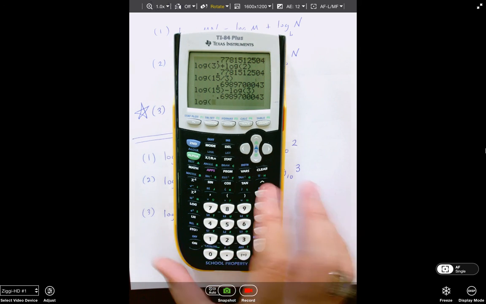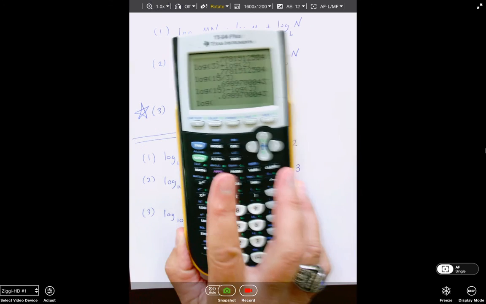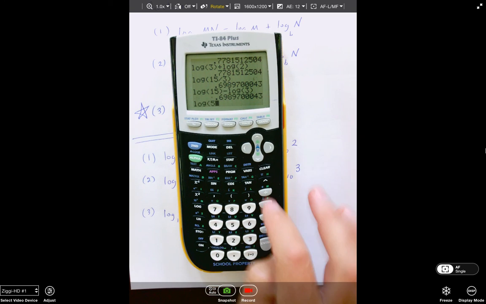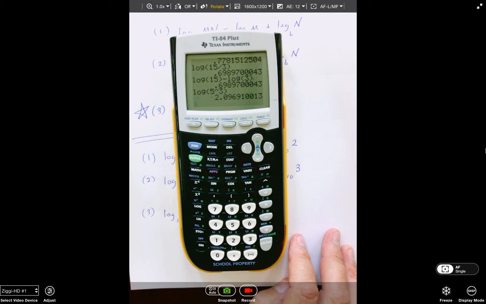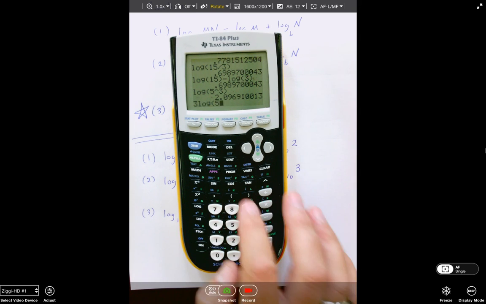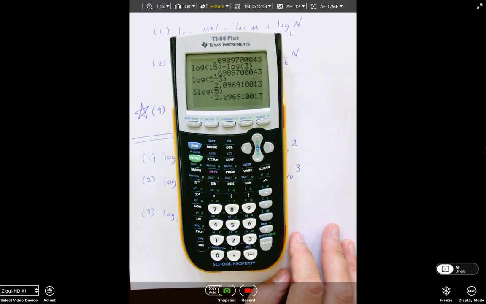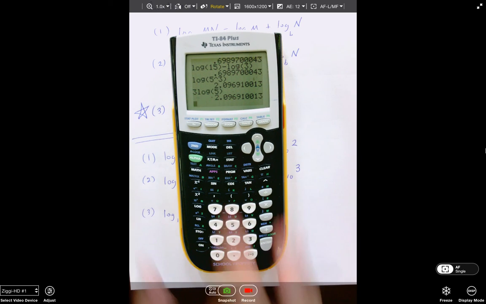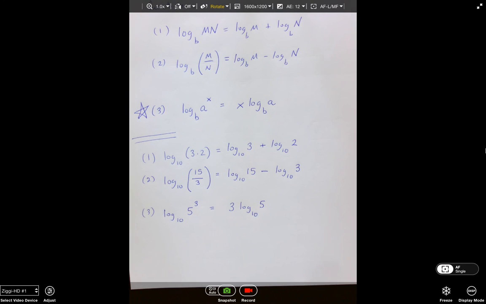Log of 5 raised to the 3 power and 3 log of 5 gives us the same thing. Now guys, that last property is going to be extremely important.